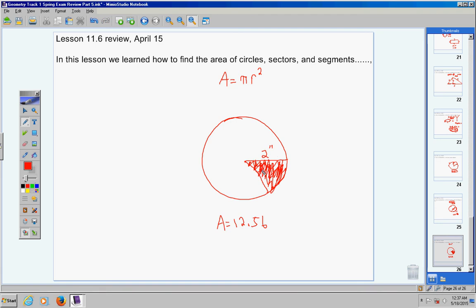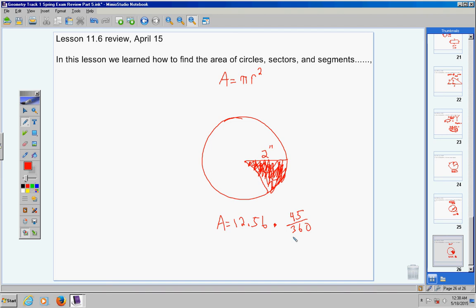So how would I find out the fractional part of this shaded area here when it compared to the entire circle? I would simply put 45 degrees over 360. That's a fractional representation of this area right here. Now, you would take the entire area of the entire circle times this fractional part, and you will get the correct answer.